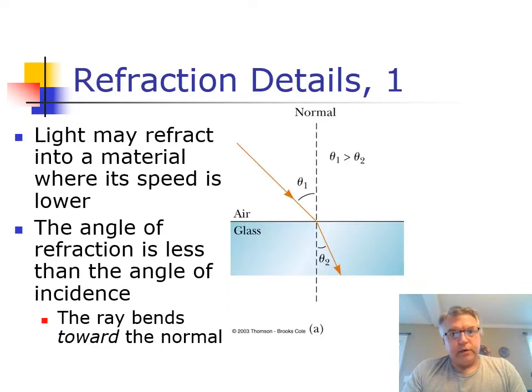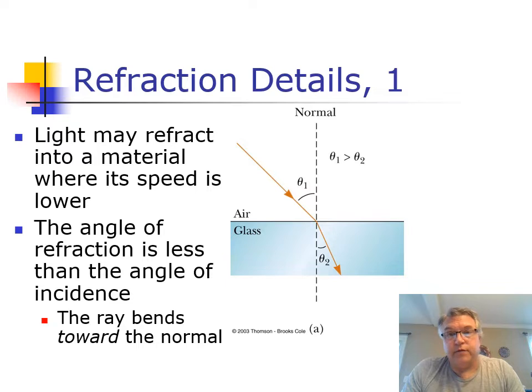A couple of things that we know about refraction. Remember that the speed at which light is traveling is going to be different for the two mediums. So if light is traveling from a medium where it is moving fast into a medium where it is moving slower than the first medium, so light travels faster in my incident medium than it does in my refracted medium, the refracted ray is going to always bend toward the normal.